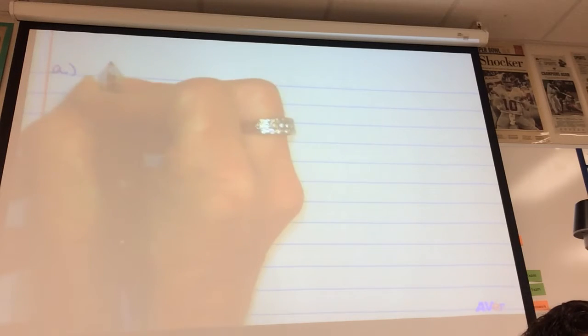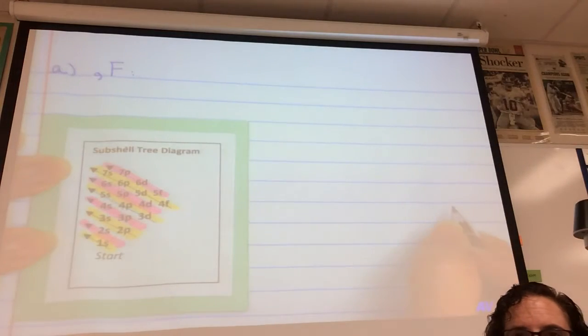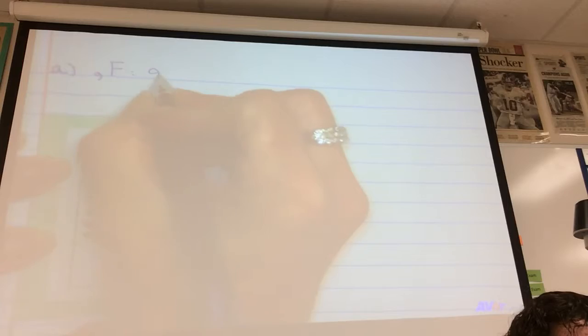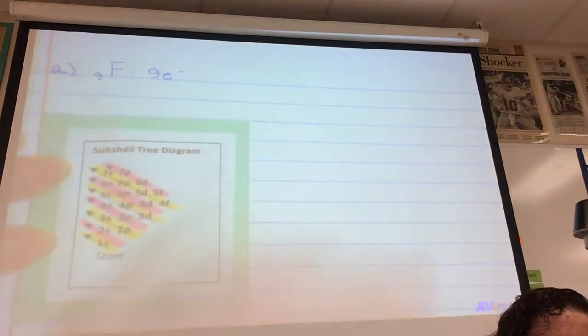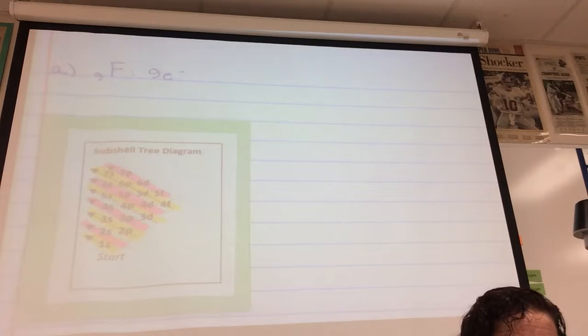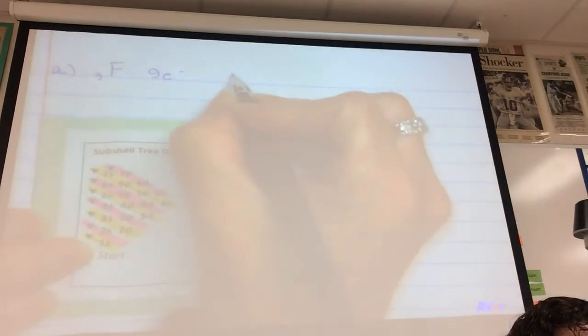So fluorine has an atomic number of 9. How many electrons does fluorine have? 9. First thing we figure out. Now we're going to use the subshell tree diagram. Our starting point is 1s.